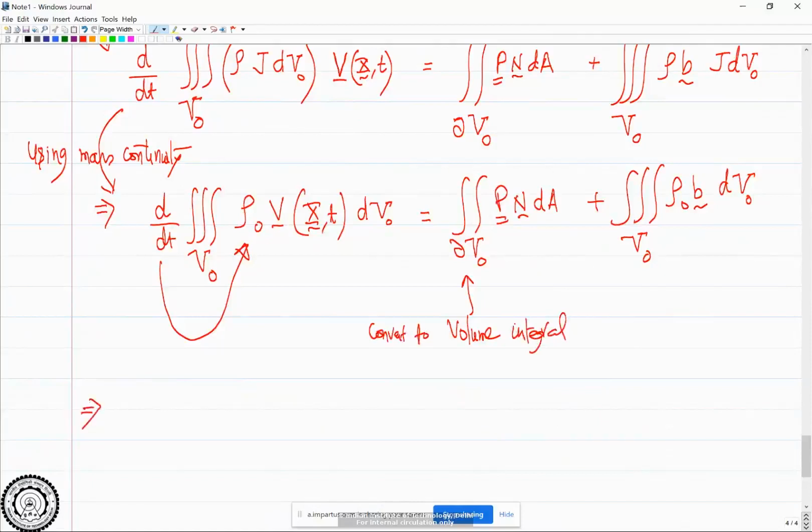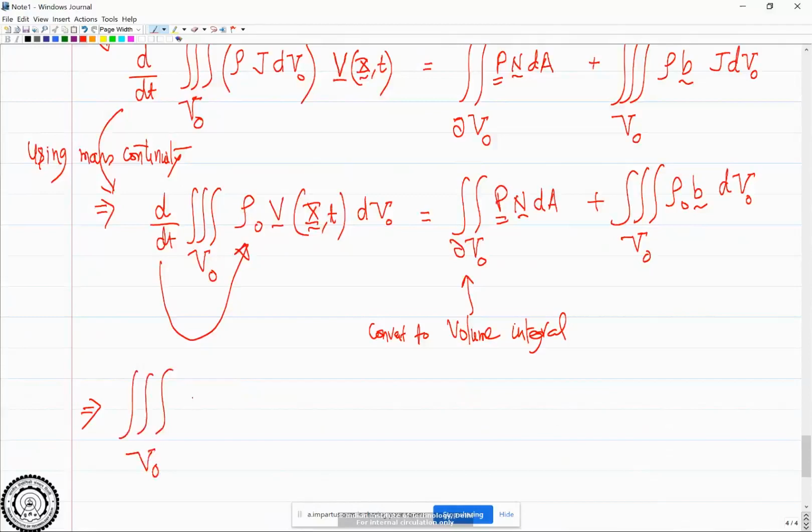The left hand side is now easy because you are integrating over the reference volume, which is not changing with time. So you can simply slide your d by dt inside, and also see that in the integrand you have rho naught into V, but rho naught is not a function of time.